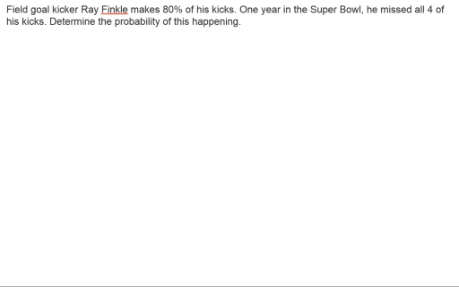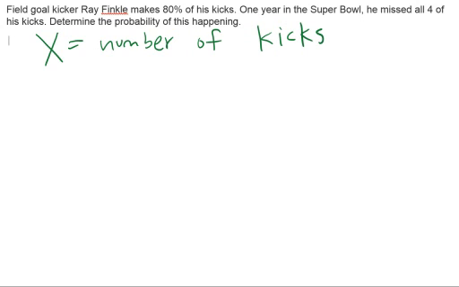Okay, x is going to equal... The random variable x equals the number of kicks either made or missed. As he lines up to kick the ball one time, that's going to be a Bernoulli trial.